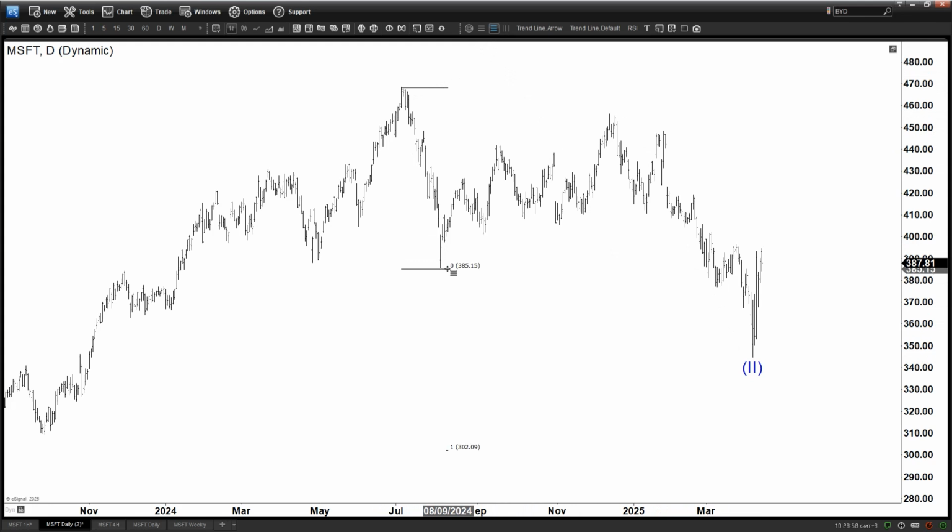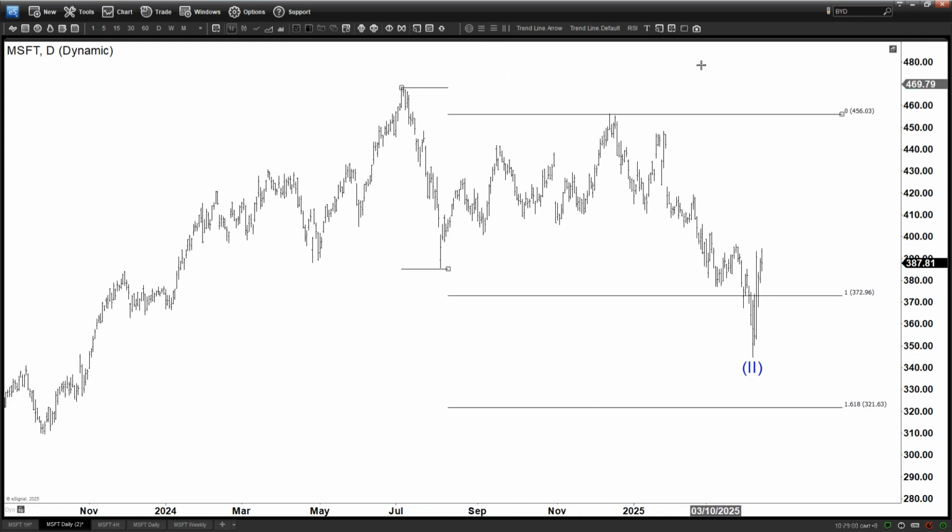So if you do the extension, you can see that we are actually bouncing from where we are supposed to bounce, which is the 100% extension area. So there's no extension on the third leg, unlike impulse where the third leg will reach 161.8. We don't have that, and then it started to bounce where it's supposed to bounce in a bullish market.